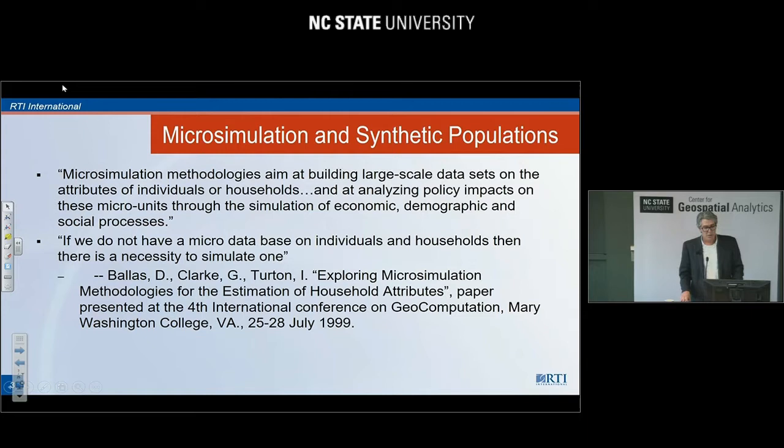So the question is, if we're creating large-scale data sets at a micro level, again, individual or household level, where do we get that data? Where do we find a national database of everybody in this room? You can't. It doesn't really exist. Well, Census will give you counts. They'll count how many people live in a block or a block group or tract, how many people have a certain income in that area. So it's counts.